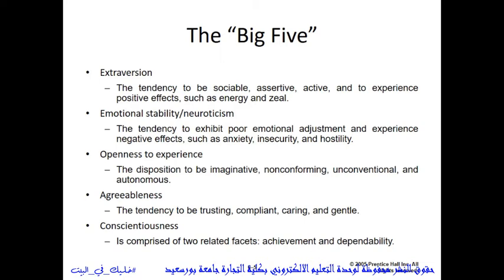For example, one of the dimensions of the Big Five is extroversion. Extroverts tend to be sociable people, active, positive people, energetic. Not all people are extroverts. Some of them are introverts, the opposite of extroversion.